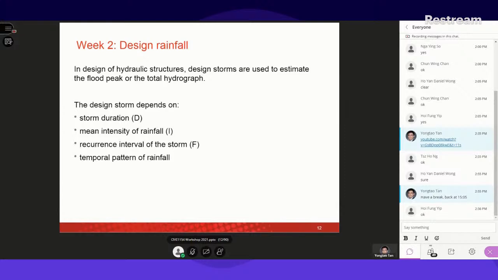In design of hydraulic structures, design storms are normally used to estimate the flood peak or the total hydrograph. So the design storm depends on the duration of storm, the intensity of the rainfall, the recurrence interval of storm, and also the temporal pattern of rainfall.